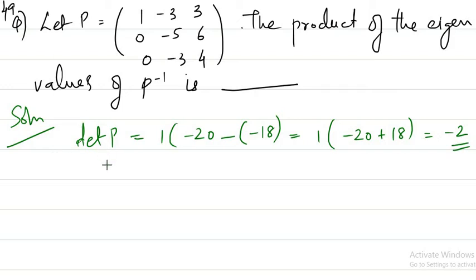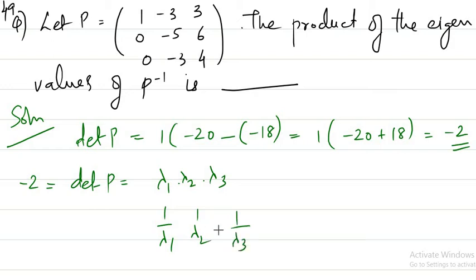Now you know that the determinant of P will be the product of the eigenvalues, right? 3 eigenvalues, the product will be the determinant of P, which is equal to minus 2. What about the eigenvalues of P inverse? They will be 1 by lambda 1, 1 by lambda 2 and 1 by lambda 3. And the product of the eigenvalues of P inverse will be equal to the determinant of P inverse, right?